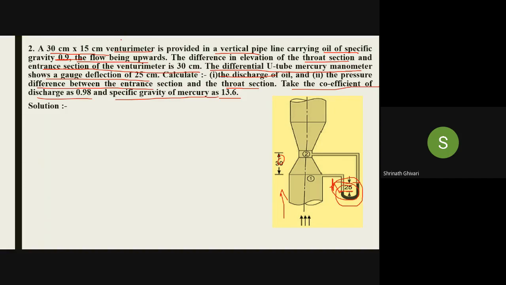What is this 30 centimeter by 15 centimeter Venturimeter? Anyone?